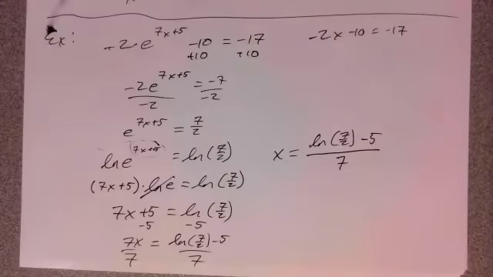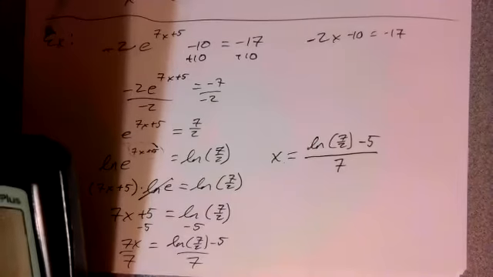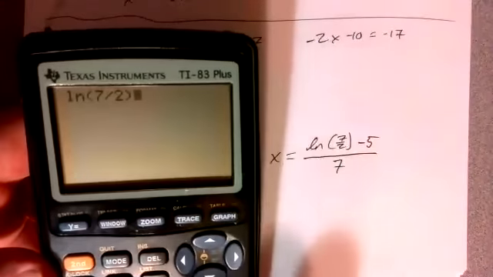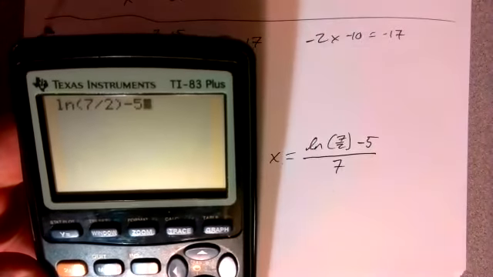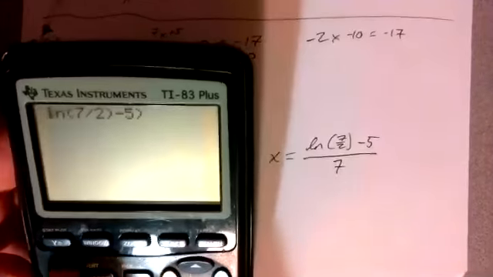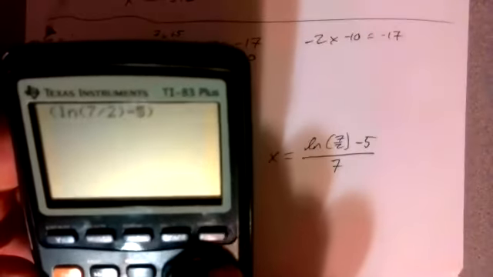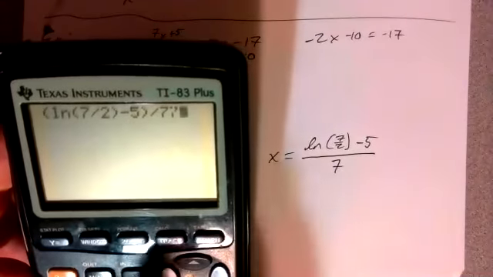That I can now go plug in my calculator. In my calculator, we start with natural log 7 divided by 2, then minus 5. Ooh, I forgot to put all that in parentheses. So I can go all the way back to the front and hit insert parentheses, because the entire numerator is being divided by 7, not 77.